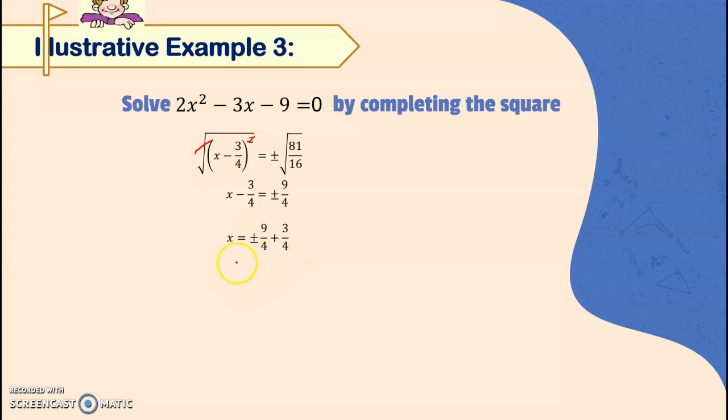Okay? And then, we solve for x in each case. Yung positive yung isa, tapos yung isa is negative. So, x equal to yung positive na 9/4, 9/4 plus 3/4, that's basically 9 plus 3, which is 12, di ba? Kapag same yung denominator, we just proceed to adding the numerator. And then, copy yung denominator.